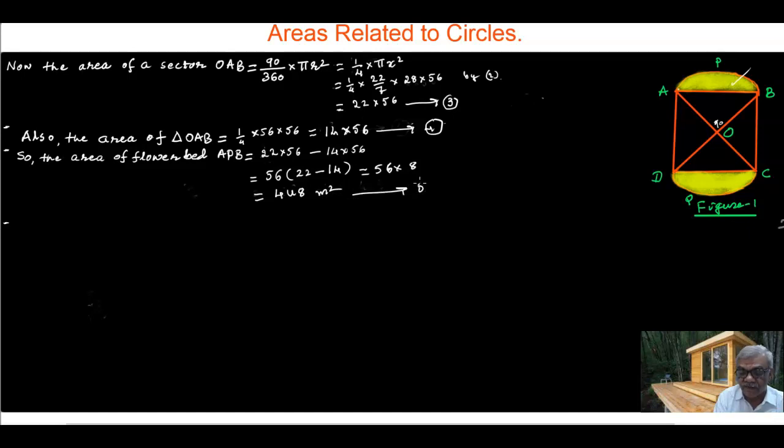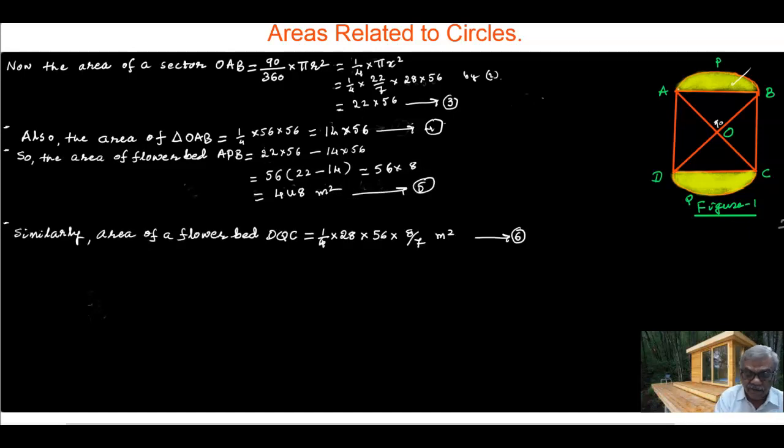Let me call this equation 5. Similarly, the area of the flower bed DQC is equal to the area of the same sector, and we get the same area, 448. Let me call it equation 6.